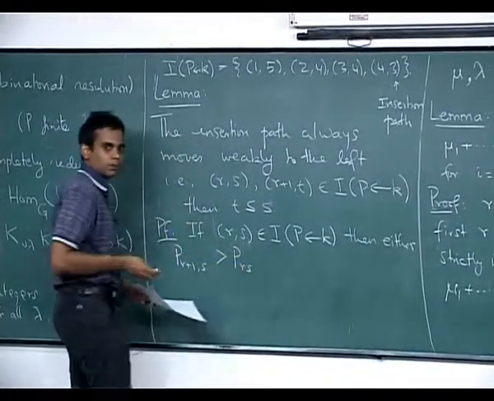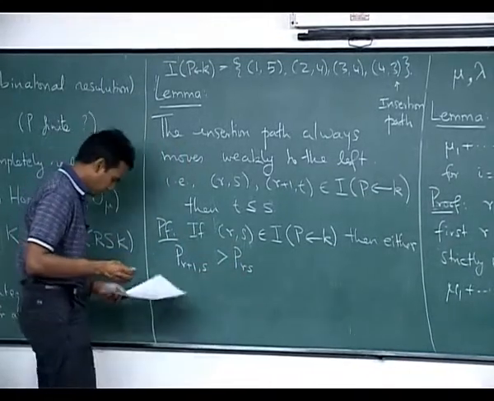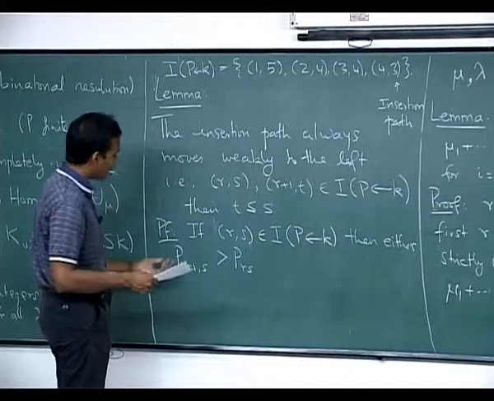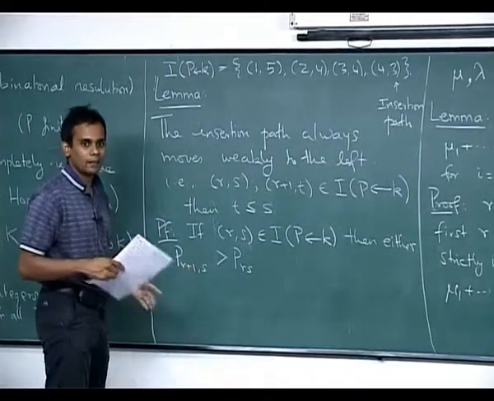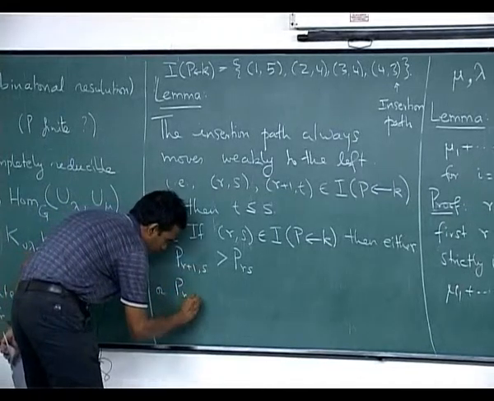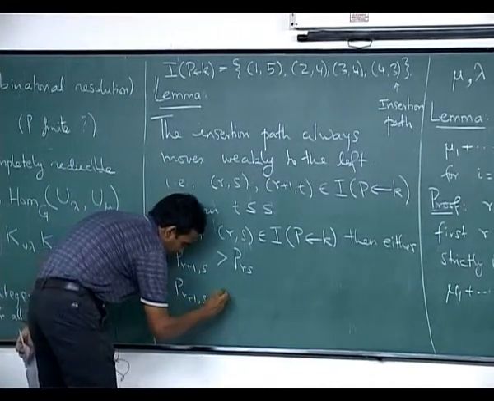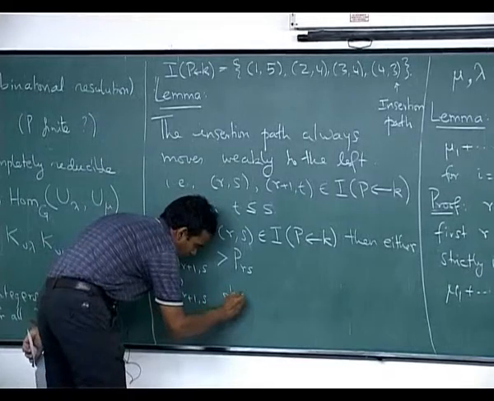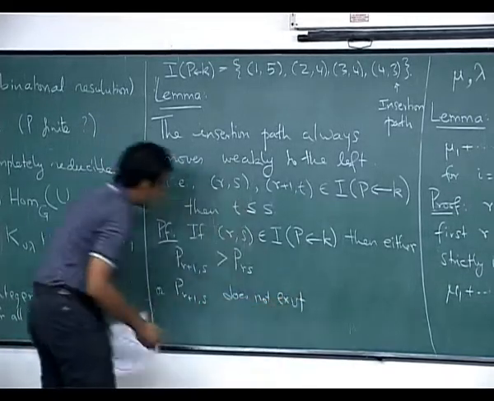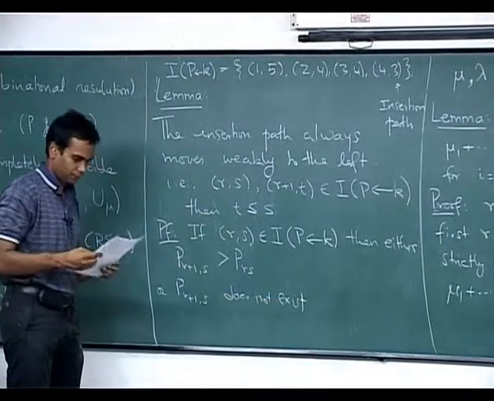That is just because P is a semi-standard Young tableau. What is the other possibility? It is that P(R+1, S) is just not there in the tableau. We will say does not exist. There is no entry there in the tableau. This is the last thing in that row.